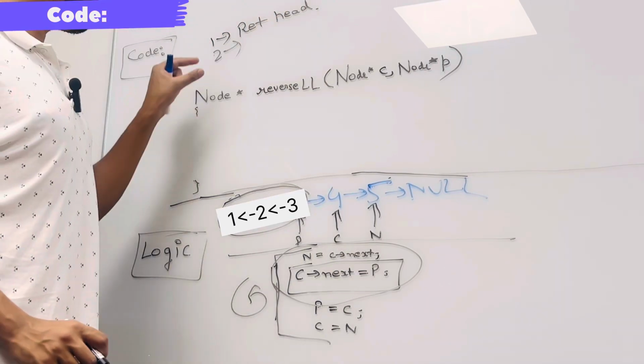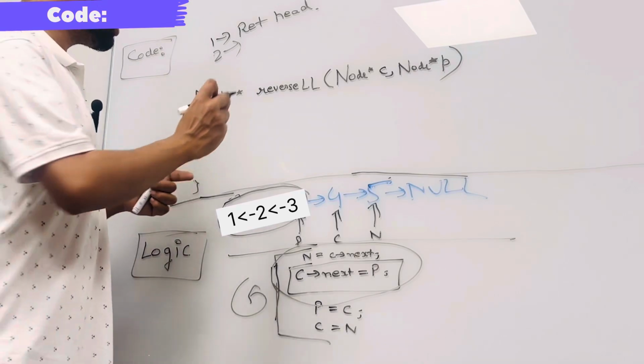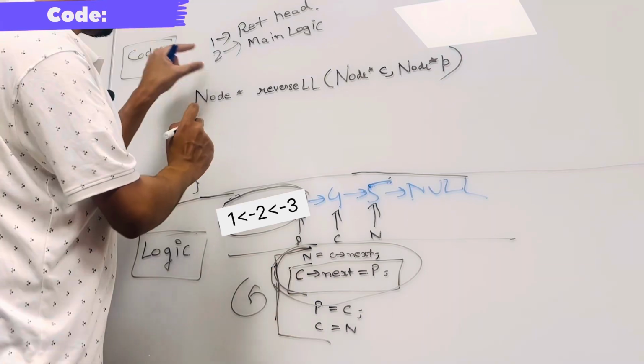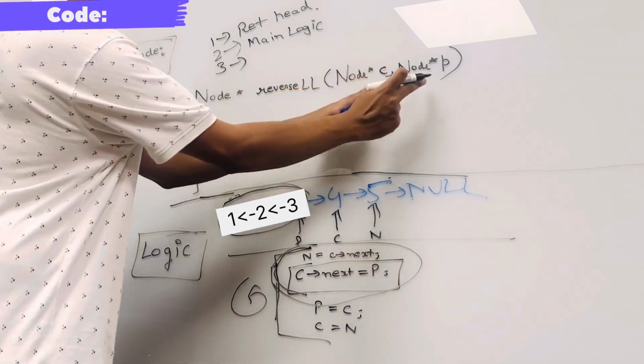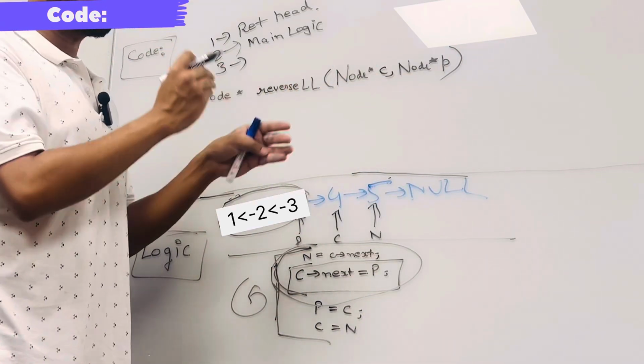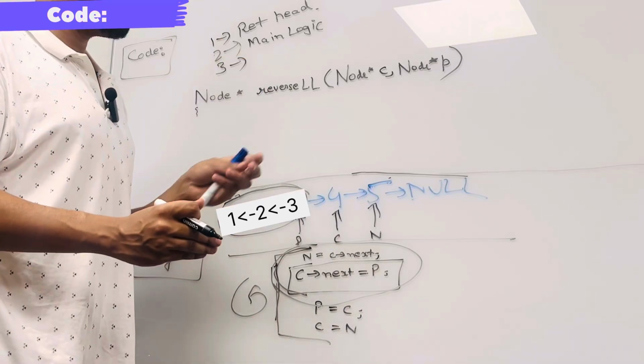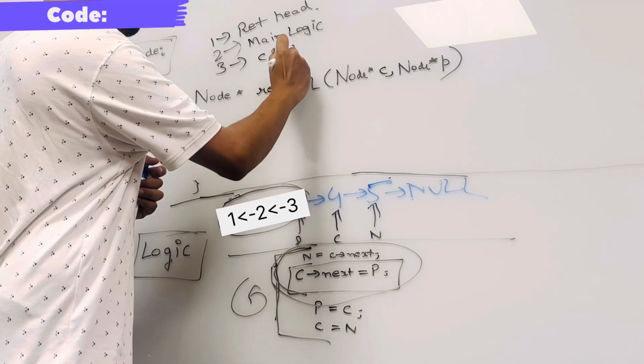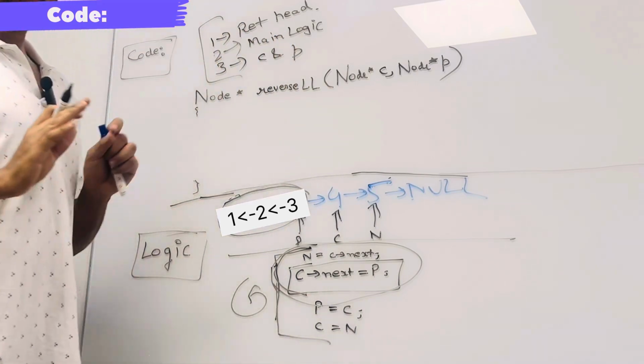The second step would be our main logic, which is this one. Finally, we have to change these pointers. This is necessary because when we will be moving forward, we have to update these variables. So change C and P. So we have to do these three things.